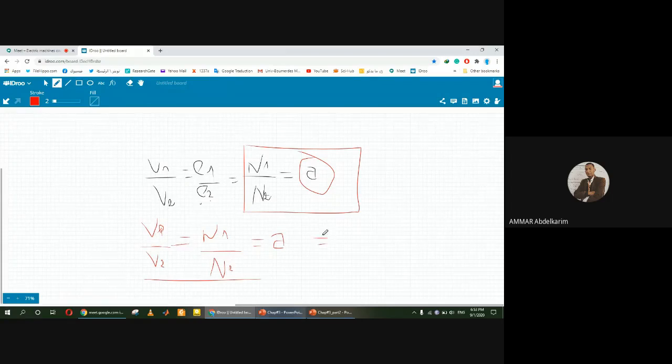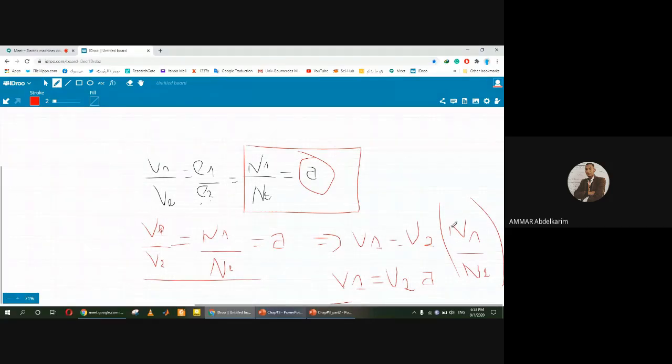This means that V1 equals V2 times N1 over N2, and V1 equals V2 times A. So if N1 is bigger than N2, it means that A is more than 1, because it's a ratio.